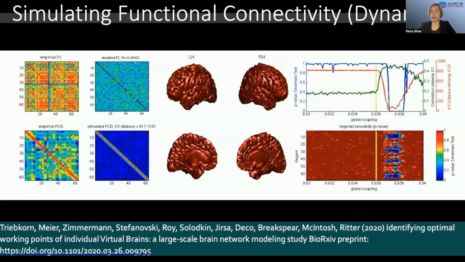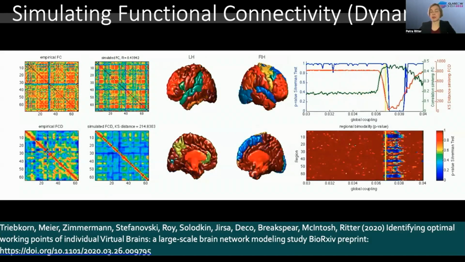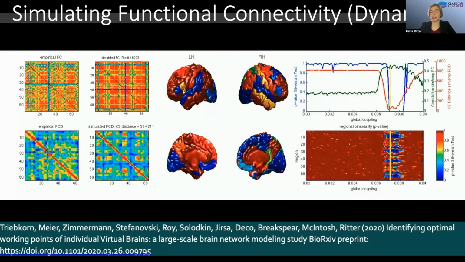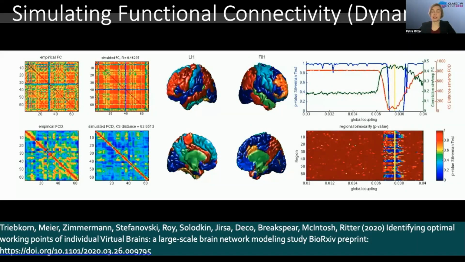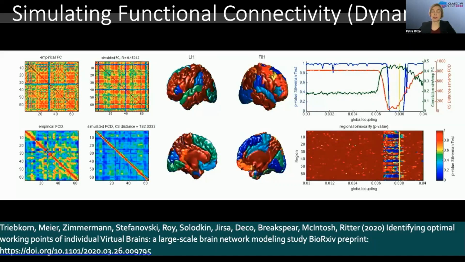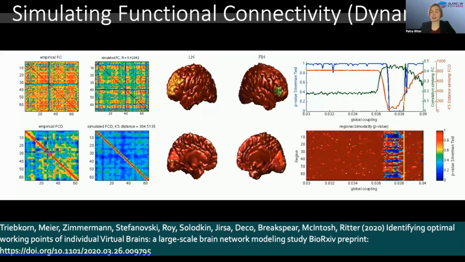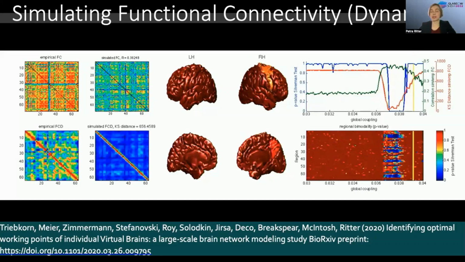We can reproduce the functional connectivity and also the functional connectivity dynamics of the patient as shown in the left panels. We also reproduce EEG features as shown in the middle panels. And on the right, we see a metric of prediction quality.